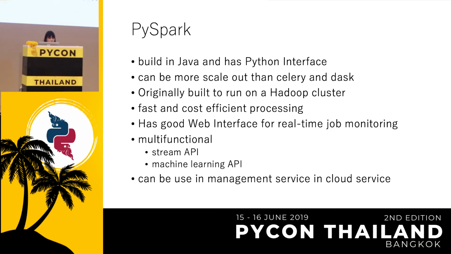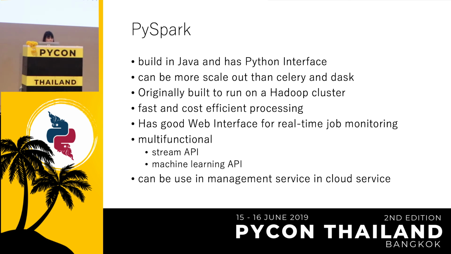PySpark was originally built to run on the Hadoop cluster, and it is fast and cost-efficient thanks to implementation ideas such as how it uses heap memory, lazy evaluation, and so on. PySpark has a good web interface.